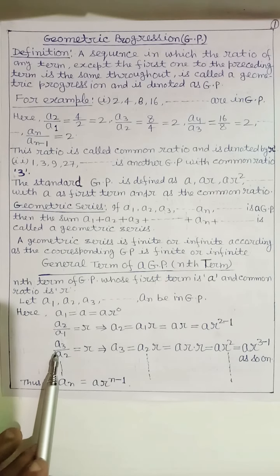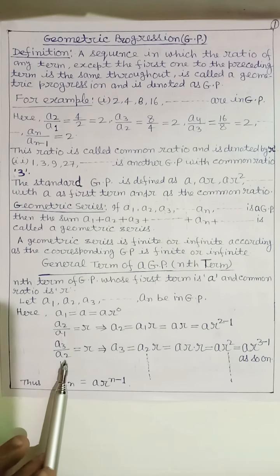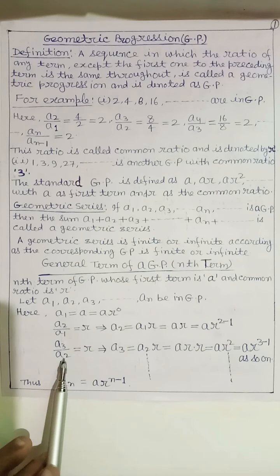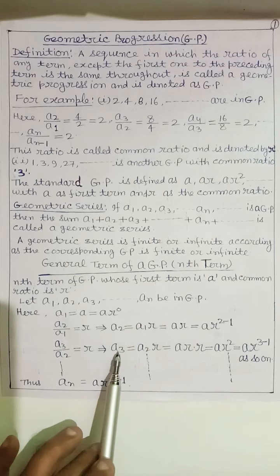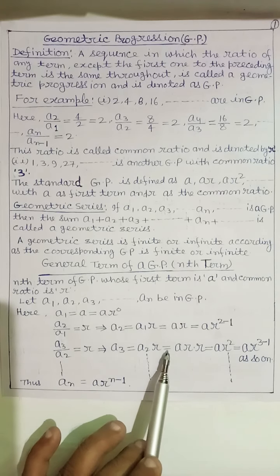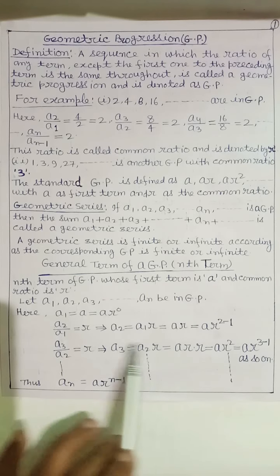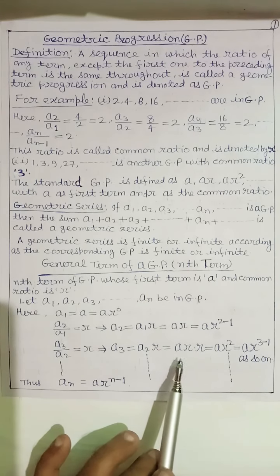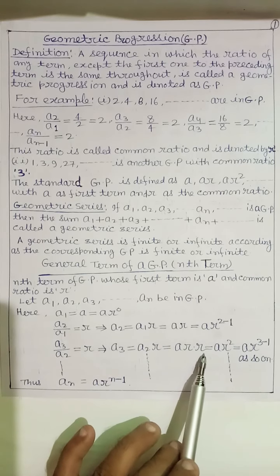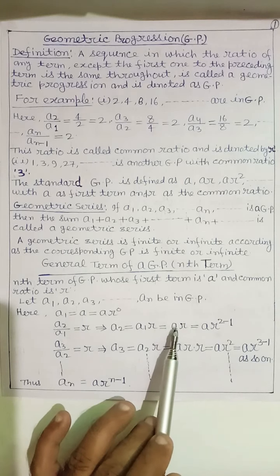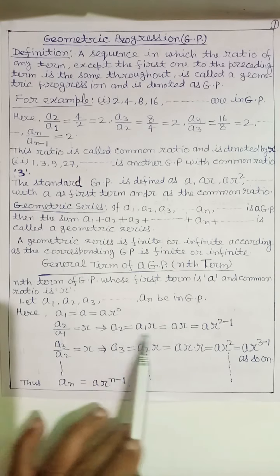Similarly, A3 by A2 is also equal to common ratio R. By cross multiplying we get A3 is equal to A2R. Here you have given A2 equal to AR.